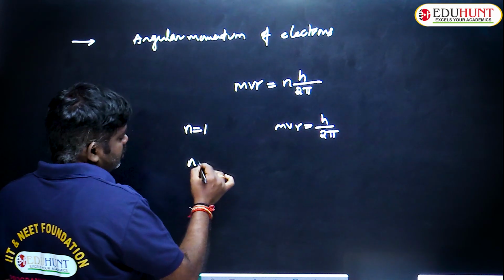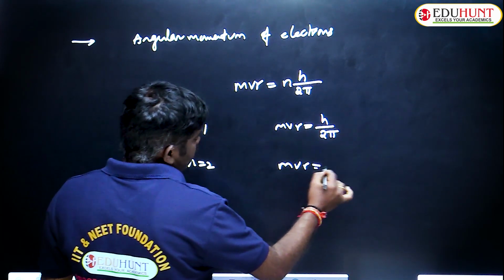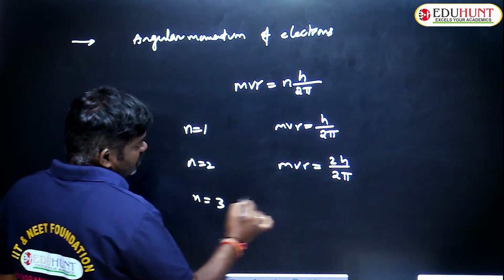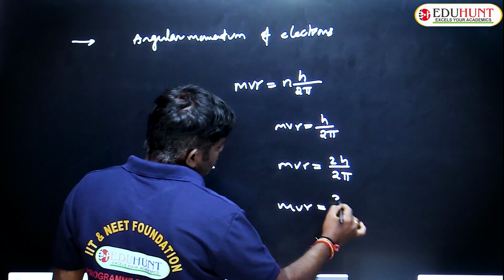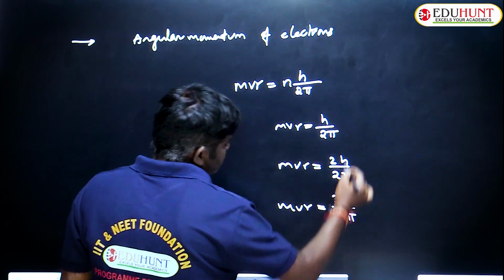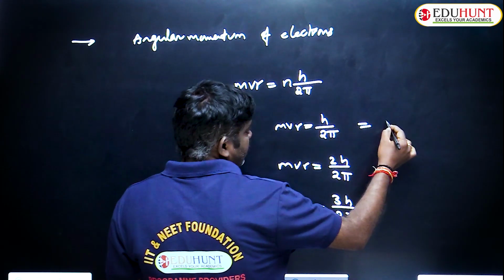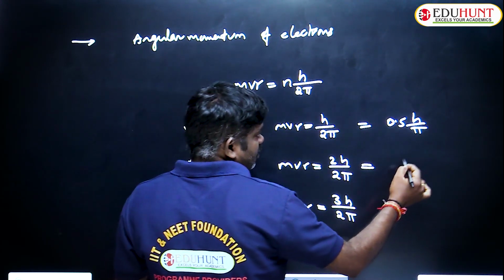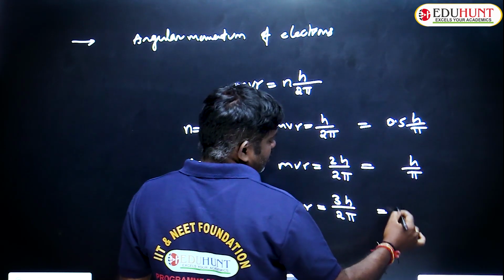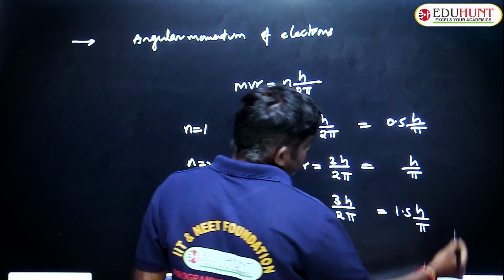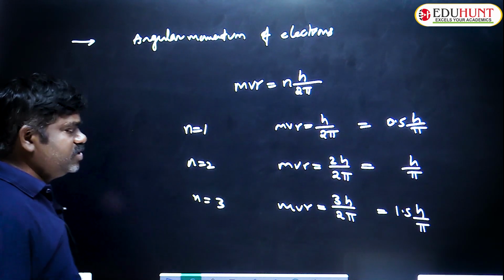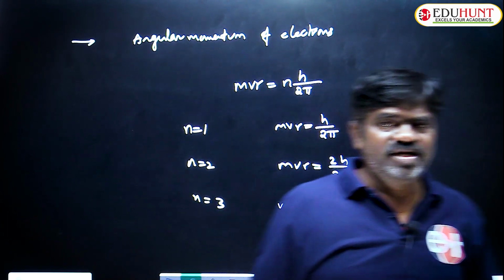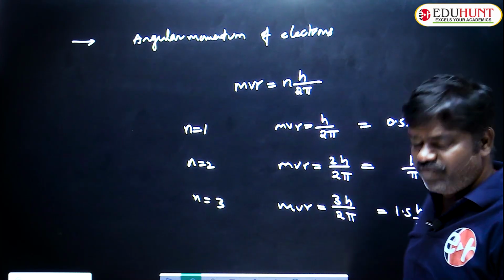If we take the second shell, mvr is equal to 2h by 2 pi. If you take the third shell, mvr is equal to 3h by 2 pi. So, here 0.5 h by pi, here h by pi only, here 1.5 h by pi only. Like that the values increase, by 0.5 for each shell.